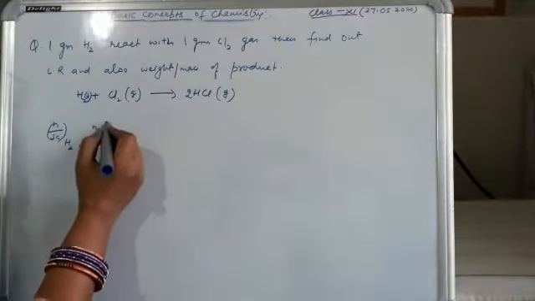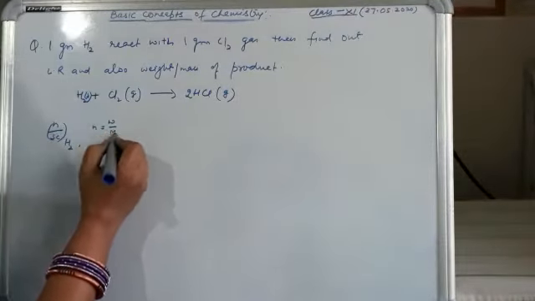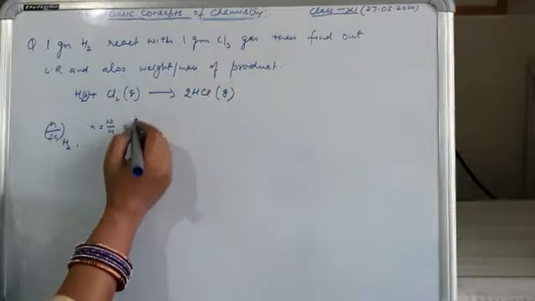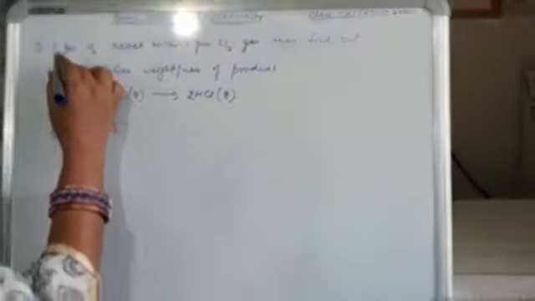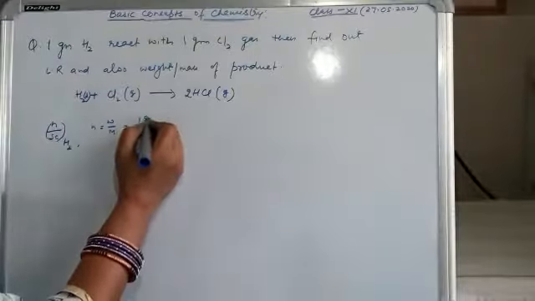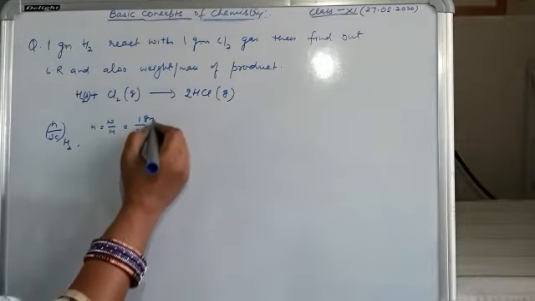Moles by stoichiometric coefficient. So at first find out the moles by stoichiometric coefficient of hydrogen. Moles, we know, is given mass by molar mass. So given mass is 1 gram and for hydrogen the molar mass is 2, so 1 gram by 2 gram.